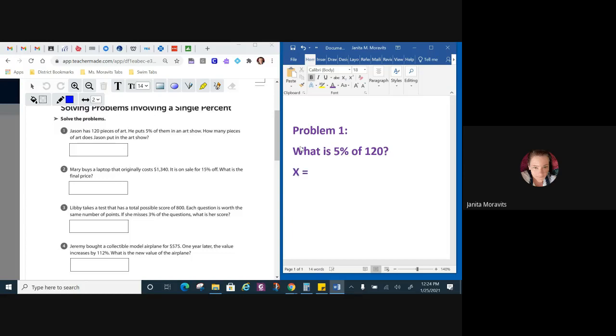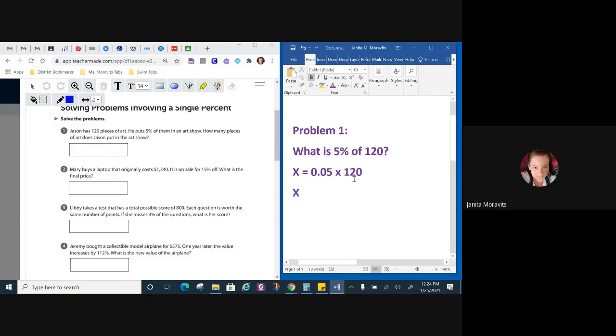Is equals, we change our percent to a decimal. So it's going to be 0.05, because we move our decimal 2 places to the left. The word of means times. And then we have 120. Don't let the X on the other side confuse you with the X that we're using for the times. We only have a multiplication problem to do.